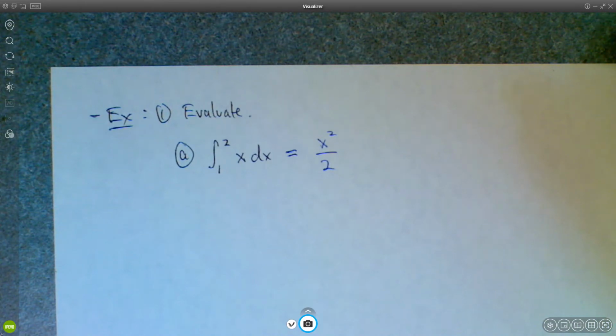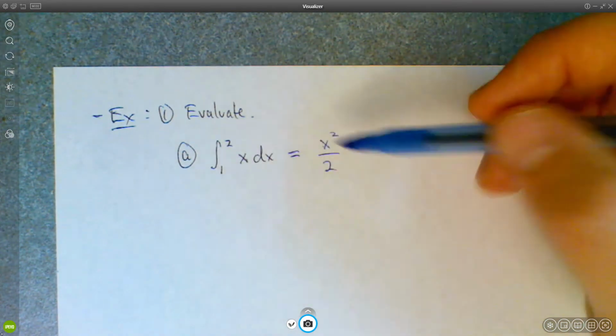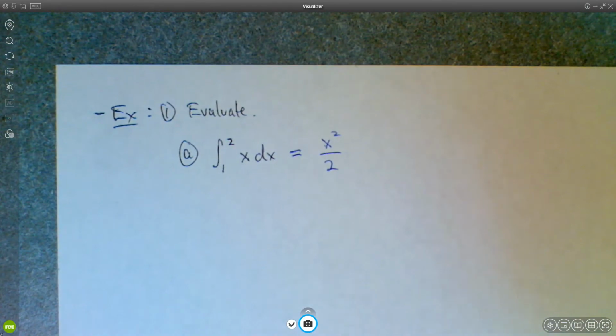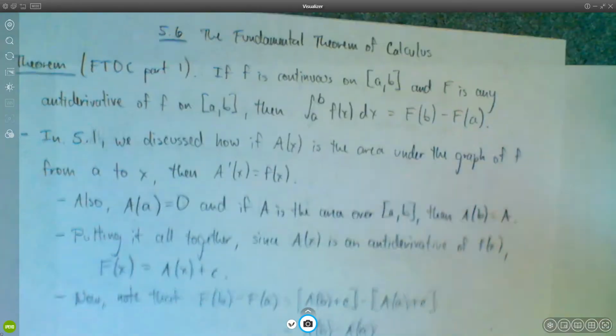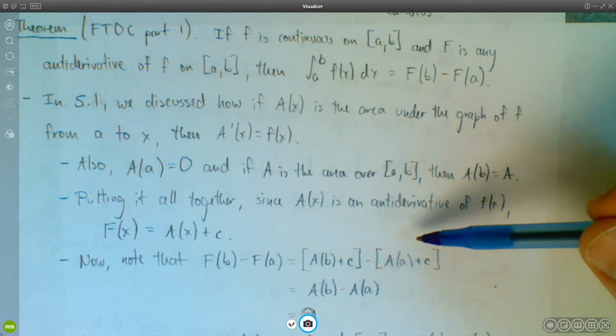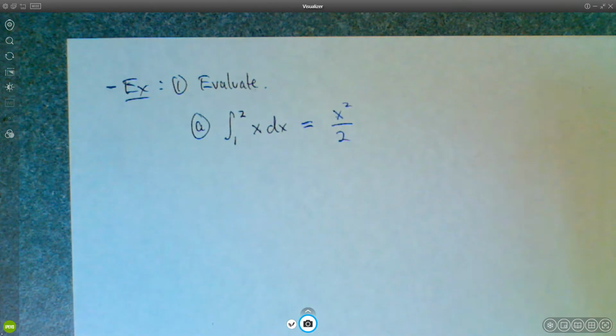So it's x squared over 2. If I were just evaluating the indefinite integral of x dx, then I would say the answer is x squared over 2 plus c. But as we saw up here, the c's are going to cancel off whenever we plug in the limits of integration anyway. And so we don't need to say plus c anymore.